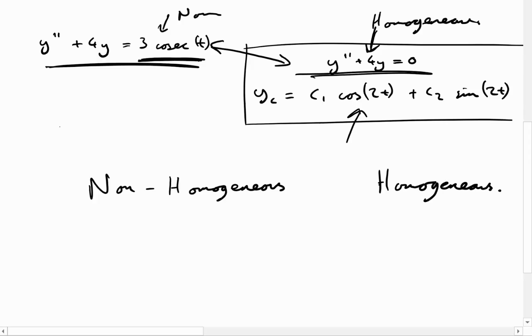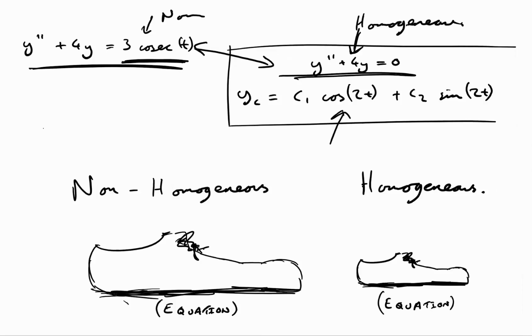And I make another analogy: the equation is, if you like, a shoe. I always think that the equation is the shoe, and the solution is the function that fits that equation, so the solution is the foot that fits that shoe, if you want to stick with this analogy.